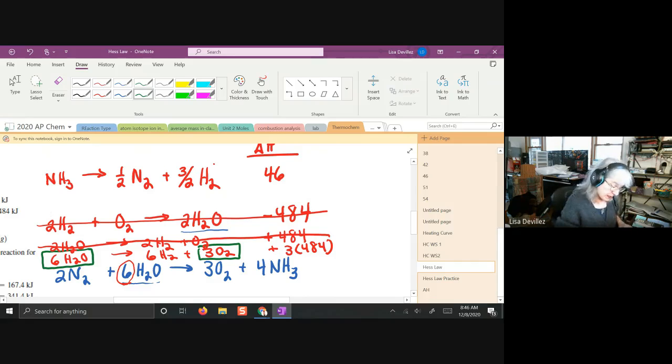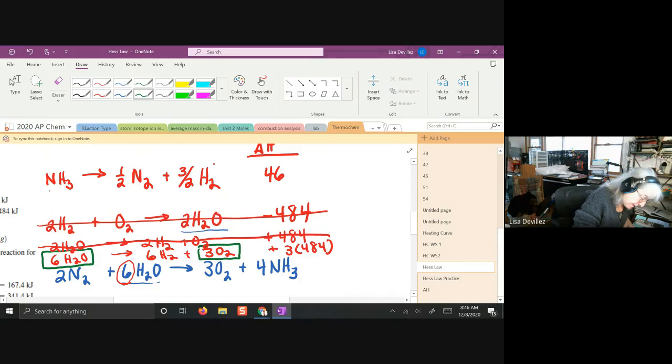So now we need to manipulate the top equation. I need the N2 on the reactant side, so I'm going to flip this. Okay, let's stick with a different color here.